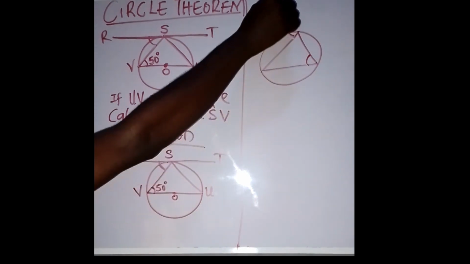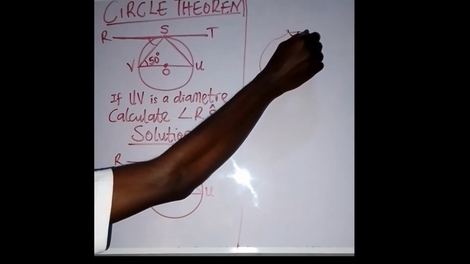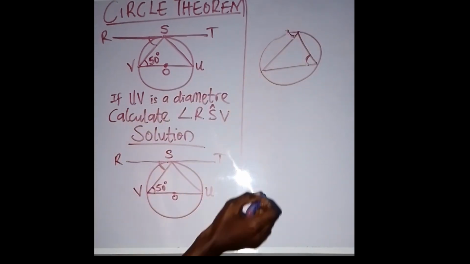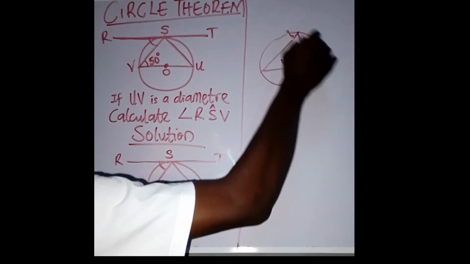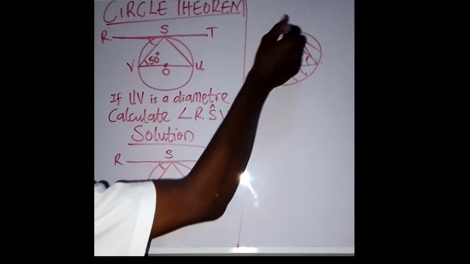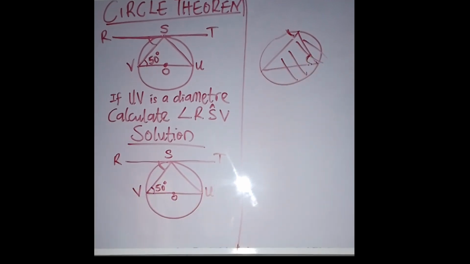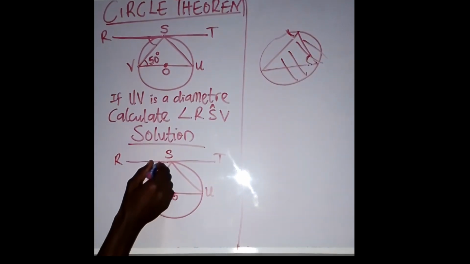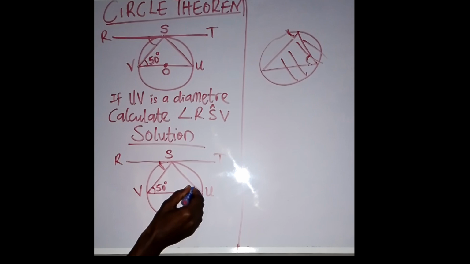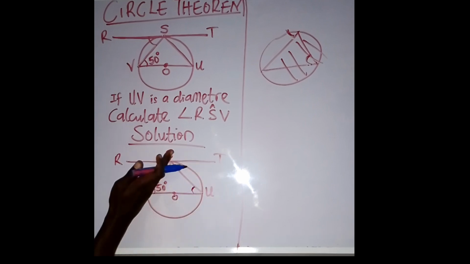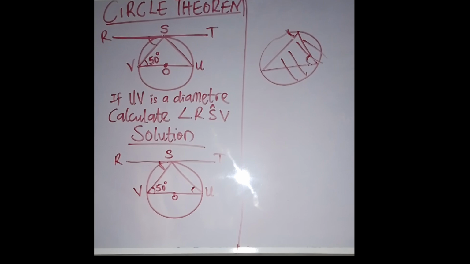So any angle formed from this minor segment is the same as the angle formed in the major segment. Remember, this part is the major segment, while this side is the minor segment. That means this angle is the same as this particular angle.